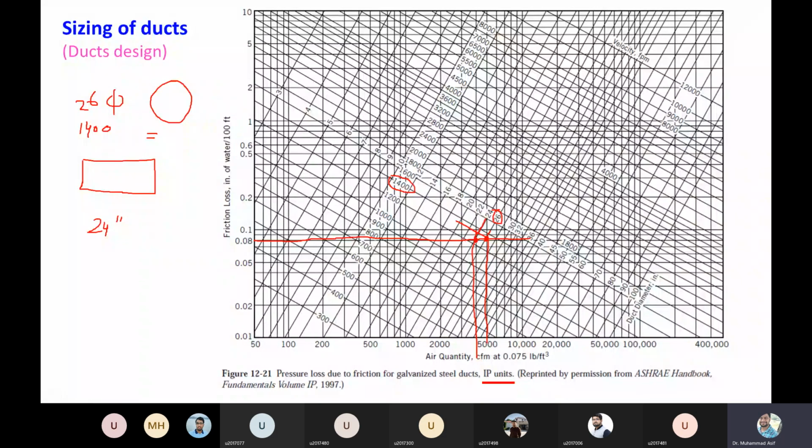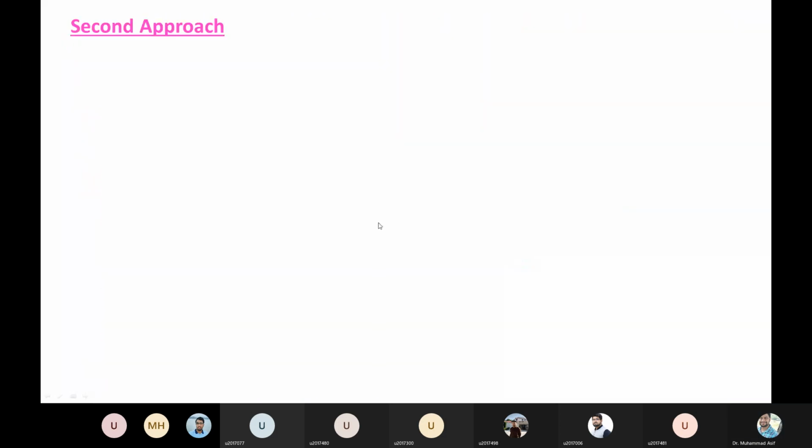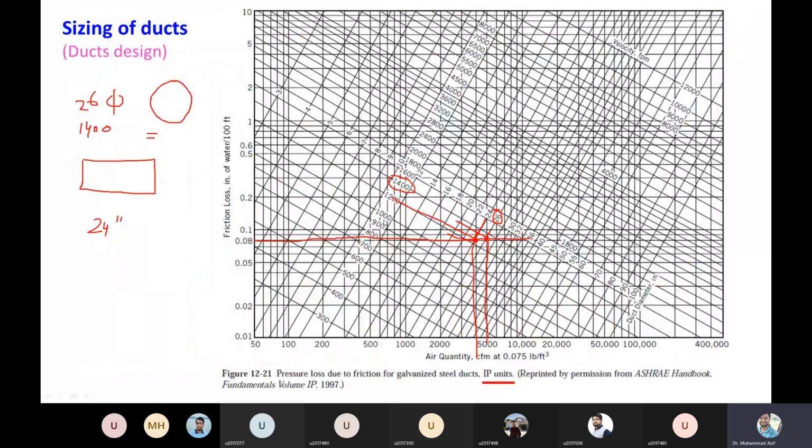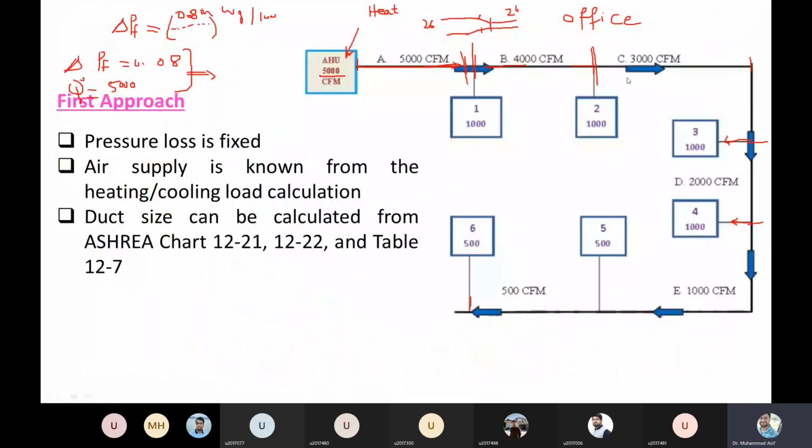I think if you read that velocity, no, velocity should decrease. Yes, this is 1200. Similarly, you can get the value of the duct size for different branches, because in the case of branches, you know the flow rate and you know the FPM, so you can read the size of the duct for the diameter, and then the diameter can be converted into a rectangular or square duct.